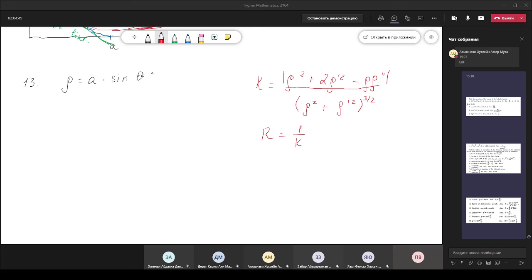Rho is a times sine of theta. For rho prime, a is a constant, so we have just a. The derivative of sine of theta with respect to theta is cosine of theta. And the second derivative: a is a constant, the derivative of cosine is minus sine of theta.